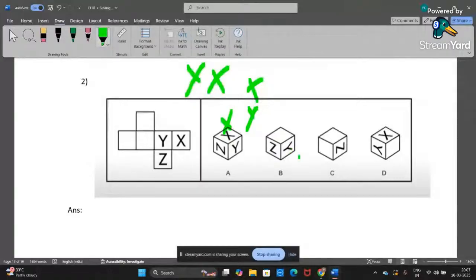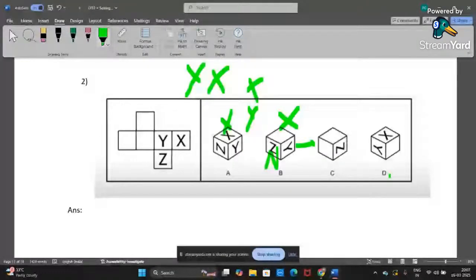You have to find the minor mistakes. Look at this, the Y's, that Z should be like this, but here they have given like this. When the Y's place it in this direction, the Z should be like this, but here it is like this. So this is not the right option.